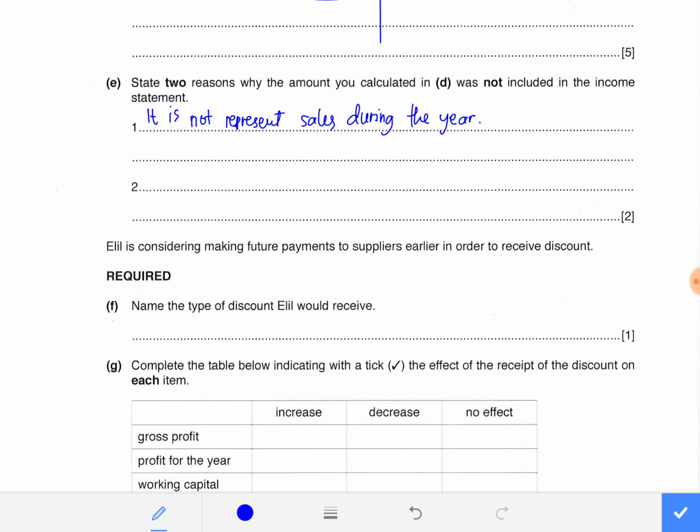It's just simply a reduction in asset. Reduction in trade receivables is a reduction in asset, right?